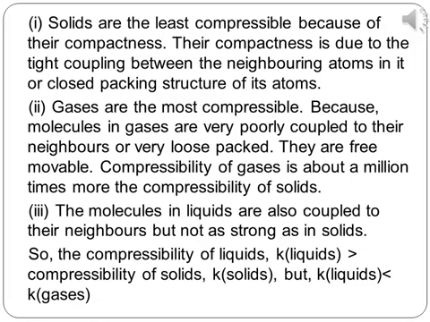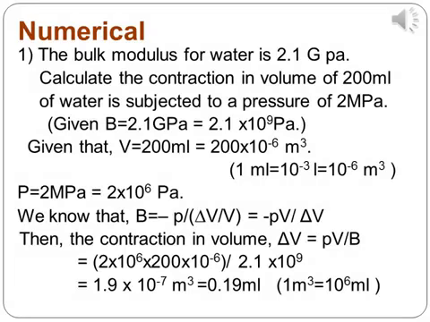The compressibility of gaseous substances is about 1,000,000 times more than that of solid substances. But in the case of liquids, their molecules are also coupled to their neighboring molecules, but not as strongly as in solid substances. So, the compressibility of liquids is greater than solids but lower than gaseous substances.